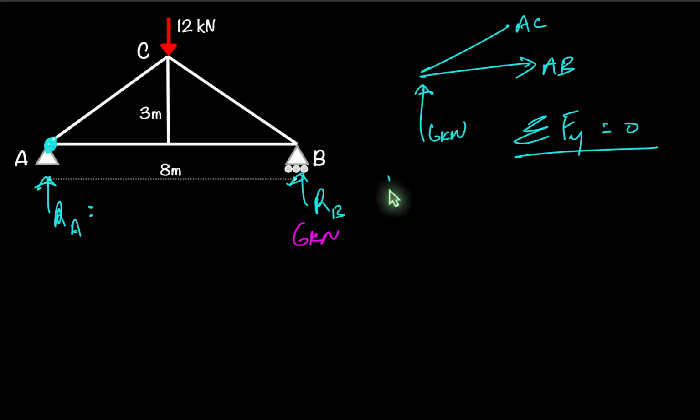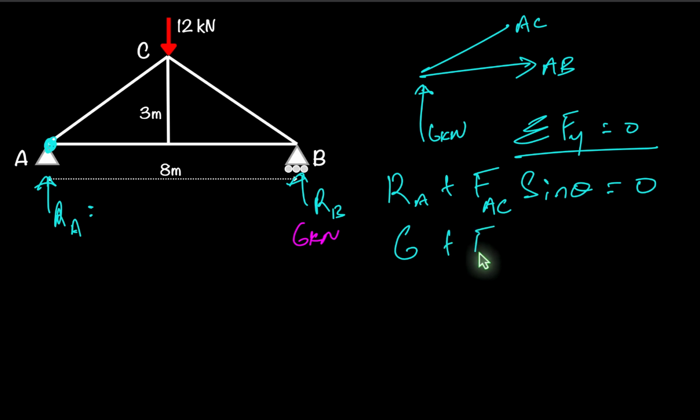And for this, what we have is RA, plus we're going to have a vertical force component of AC, so we're going to do FAC. And because it's vertical, we use sine theta, and that equals 0. So we already know RA is 6, plus we don't know FAC, and I did say that we would replace sine theta with 0.6.